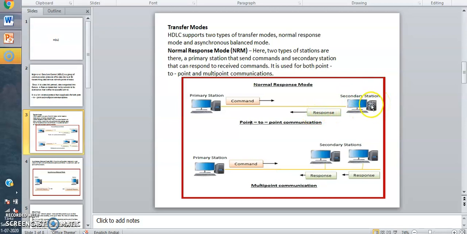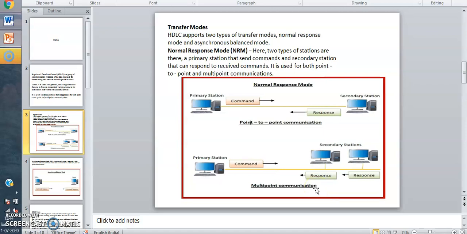It is used in unbalanced configurations. There is one primary station and multiple secondary stations. We can see one primary station and any number of secondary stations. This is nothing but multi-point communication.